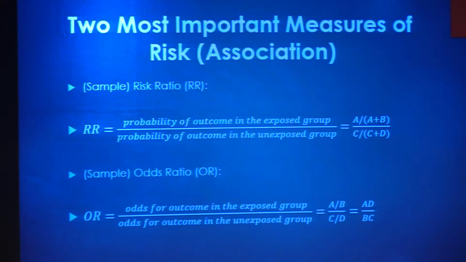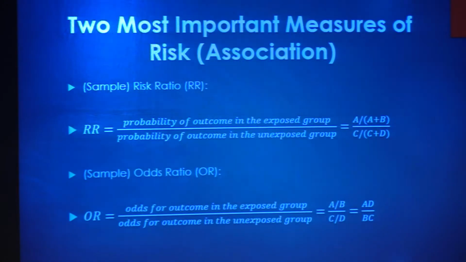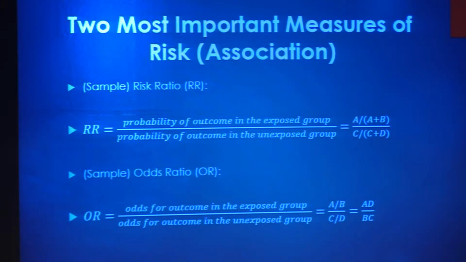In the numerator, you're going to have A divided by A plus B. If you look at the table originally, that's your A, so you divide by the total in that row, A plus B. Divided by the probability for the same thing in the unexposed group, which is going to be C divided by C plus D. So it's a complex fraction, which you can simplify or leave in that way.